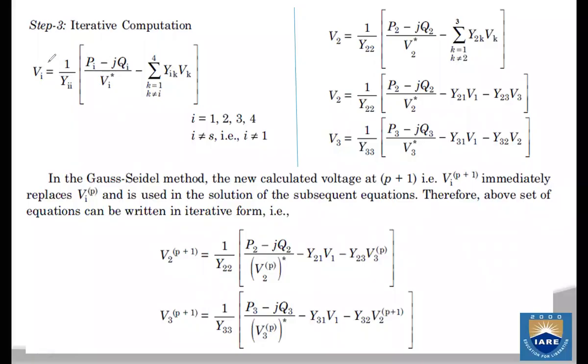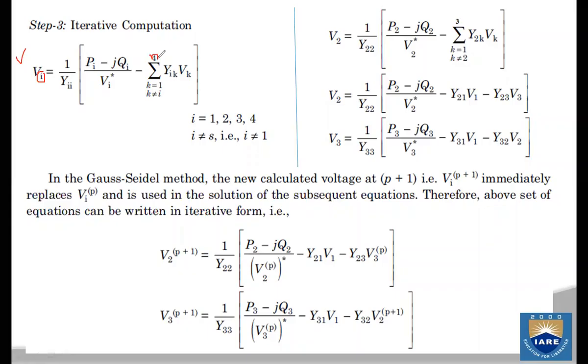Right. The voltage at any bus i can be calculated from the Gauss-Seidel iteration process by this expression: Vi = 1/Yii × (Pi − jQi / Vi* − Σ Yik Vk), where k = 1 to n, but k not equal to i.